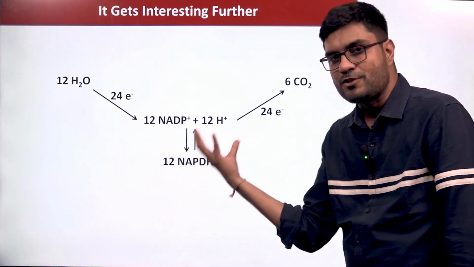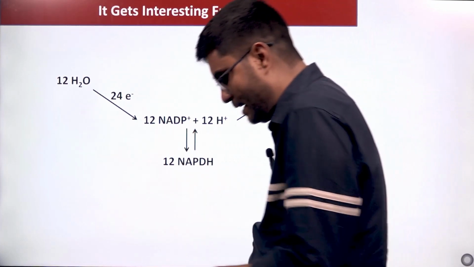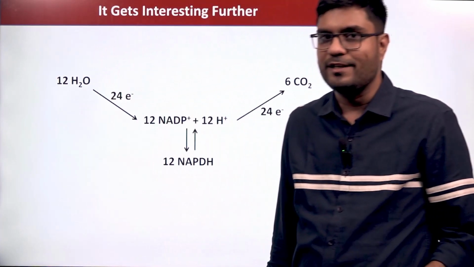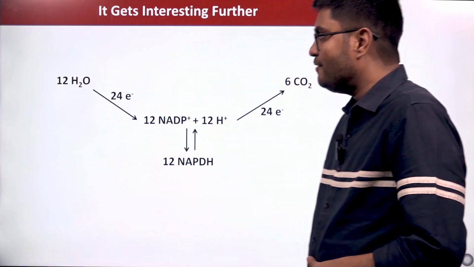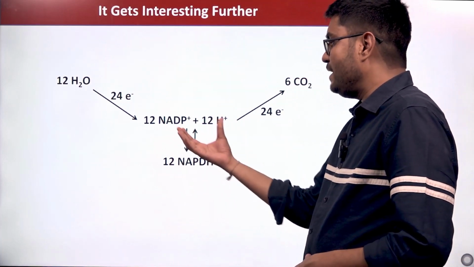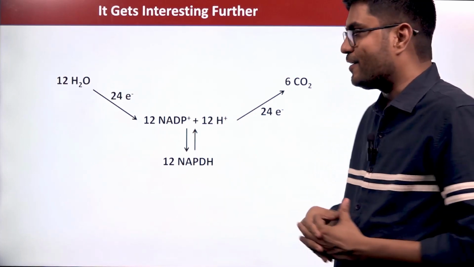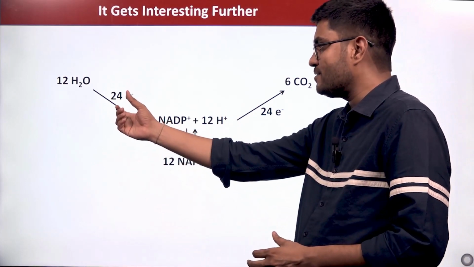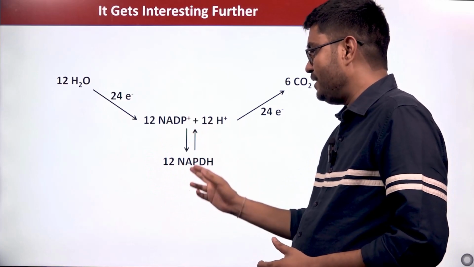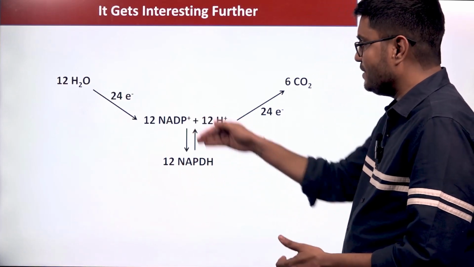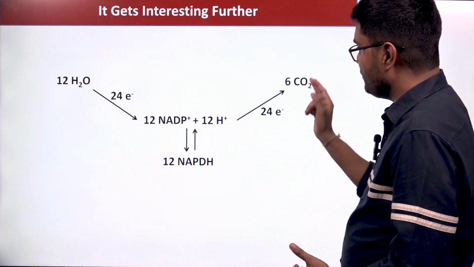So we are having a pit stop here. We are having a central point of the electron transfer in photosynthesis, where the NADP-NADPH couple is behaving as a mediator of electron transfer. First 24 electrons, NADP plus to NADPH, then reversible reaction, then those 24 electrons will be given to 6 CO2.